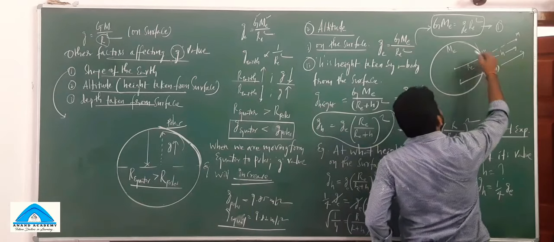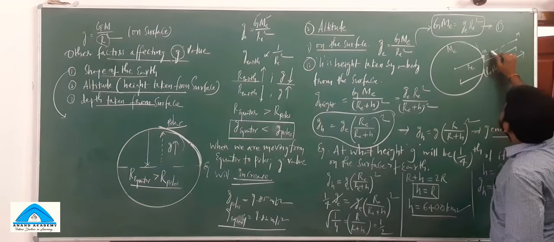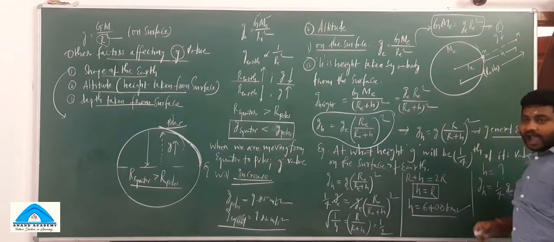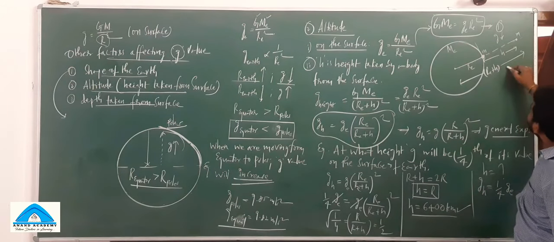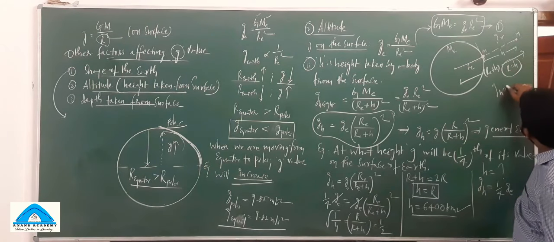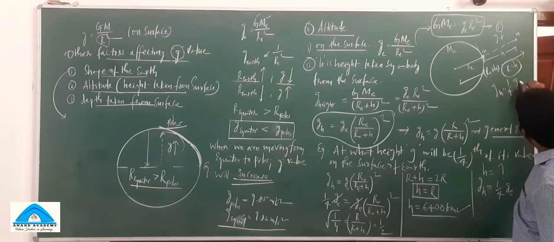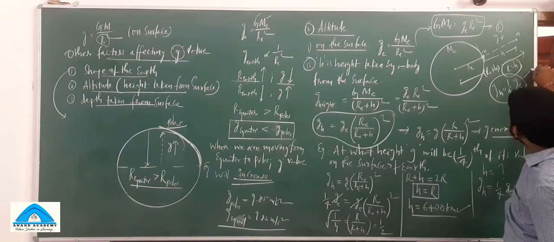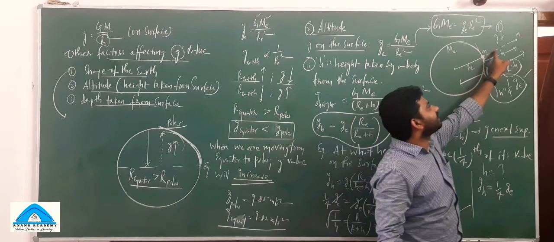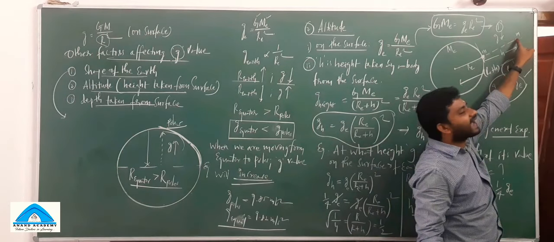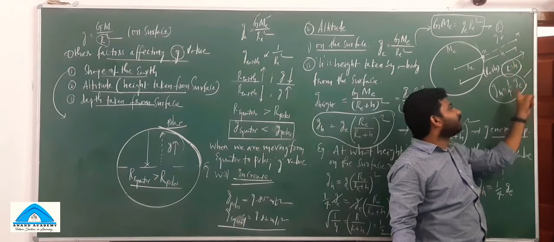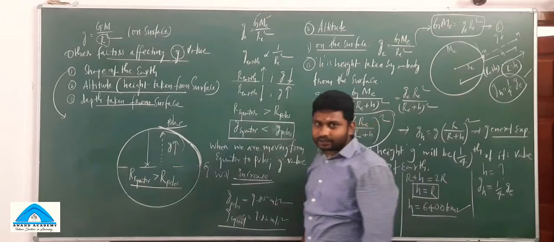From the surface, as we move up, acceleration due to gravity decreases. At a height equal to the radius of the earth, the acceleration due to gravity is 1 by 4 times the acceleration due to gravity on earth's surface. Understand? So the g value decreases, at this height equal to capital R, the g value will be 1 by 4 times of G suffix E.